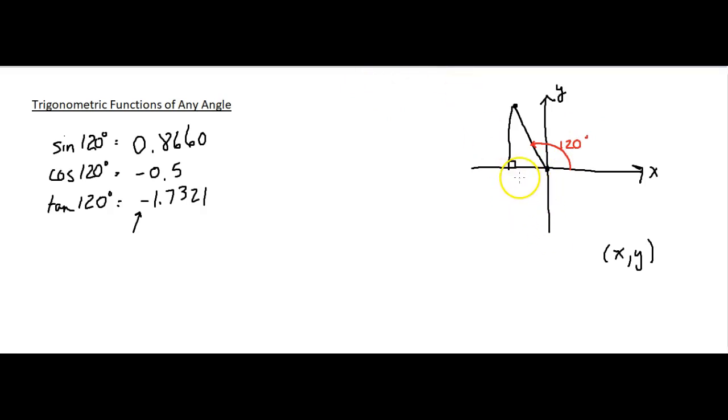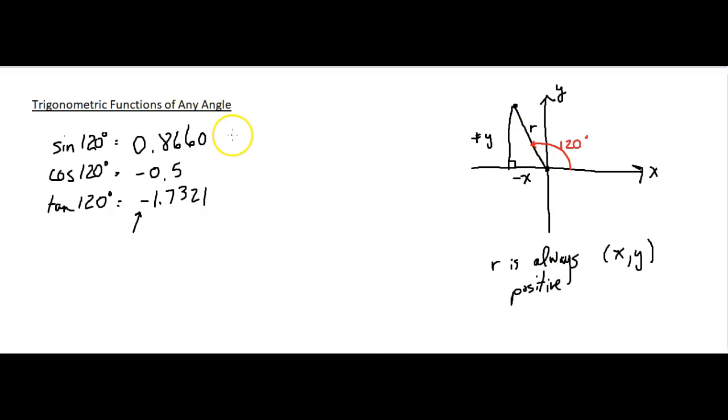So in this case, I have gone to the left for the x value, a negative x, and we've gone up for the y value, so that's positive y. And one thing I want you to remember is that r is always positive. Alright, r is here, the hypotenuse.